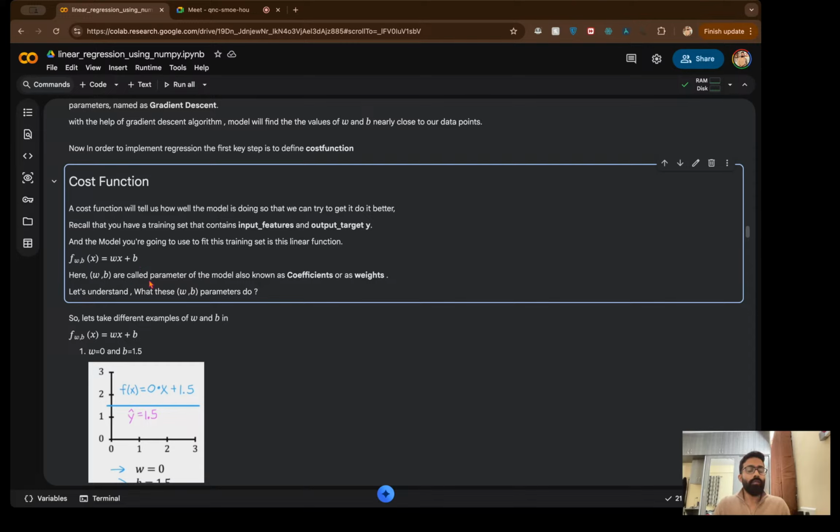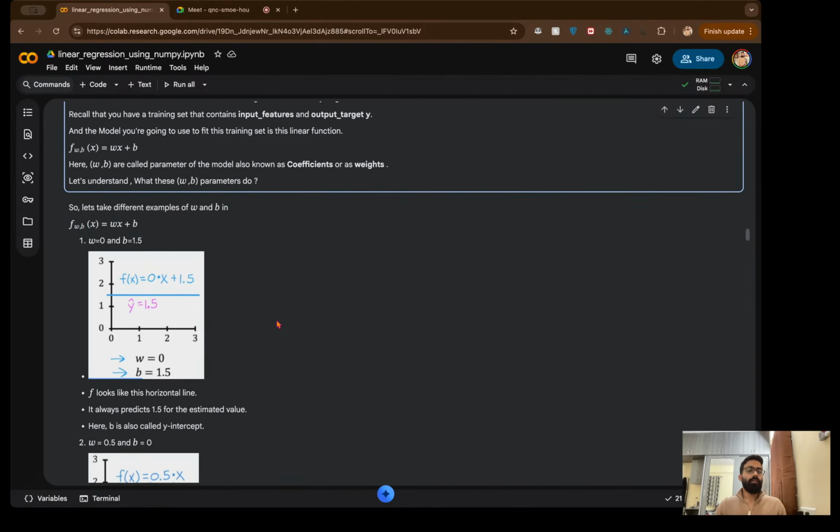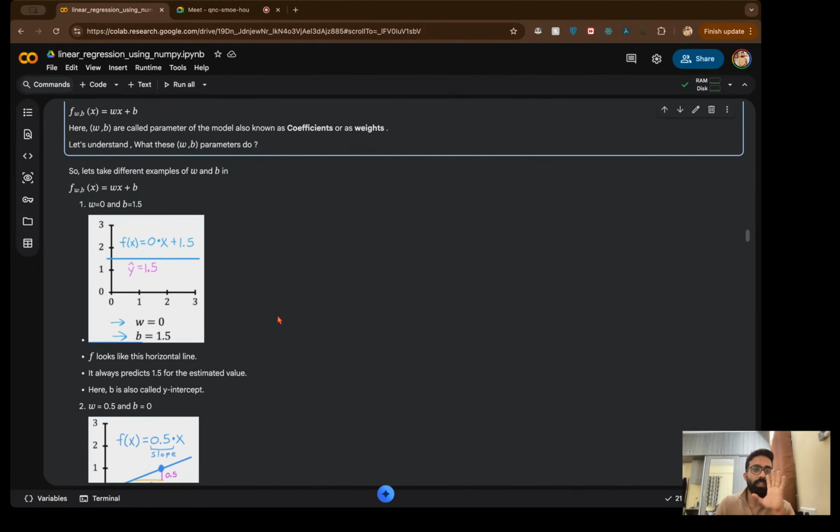Here, W and B are called parameters of the model, also known as coefficients or weights. Let's understand what these W and B parameters do. If someone is coming from a non-mathematical background, they want to understand the significance of W and B.